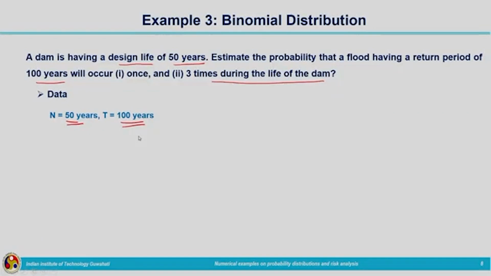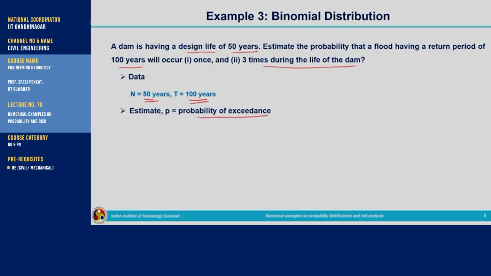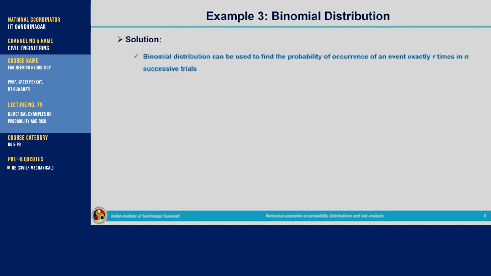So, N is given, that is design life is 50 years, and T is equal to 100 years. Estimate the probability of exceedance. We need to calculate small p, that is the probability of exceedance. We can make use of binomial distribution to find the probability of occurrence, because the event occurs exactly r times in n successive trials.